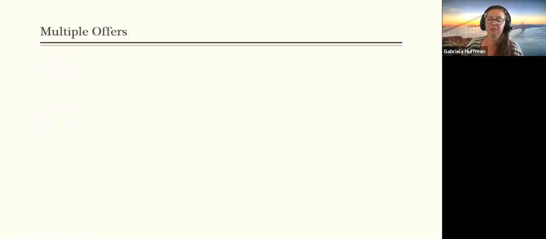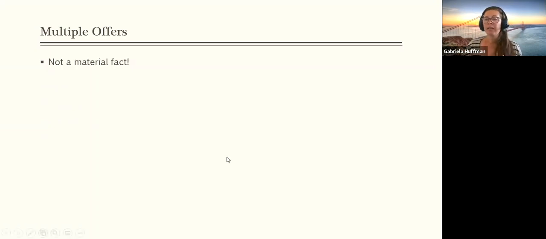Multiple offers. This is very important for the test. The fact that the seller has multiple offers is not a material fact. It is not a material fact. So I, as the listing agent, do not have to tell buyers or buyer's agents, hey, we've got offers. It's personal, confidential information to the seller.